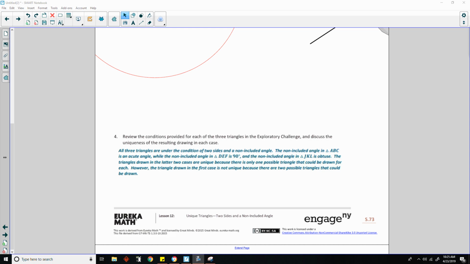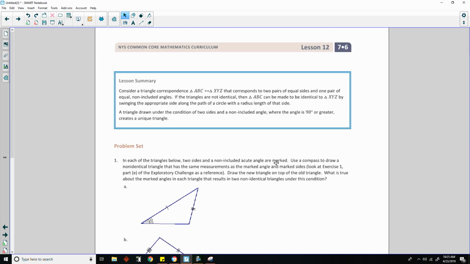The triangles drawn in the latter 2 cases are unique because there's only one possible triangle that could be drawn for each. However, the triangle drawn in the first case is not unique because there are 2 possible triangles that could be drawn. Okay, so that is the end of lesson 12. Review the lesson summary and go to your problem set.